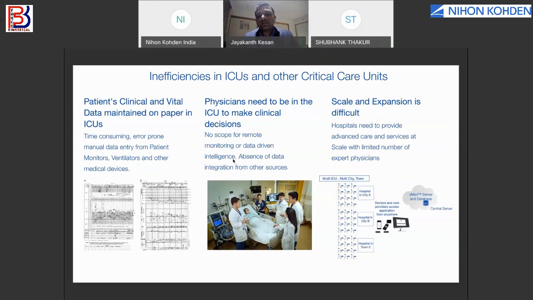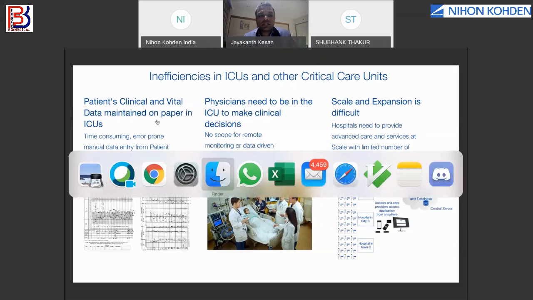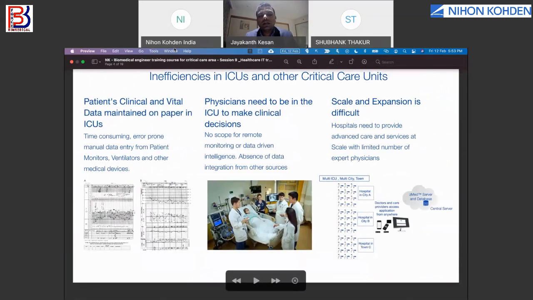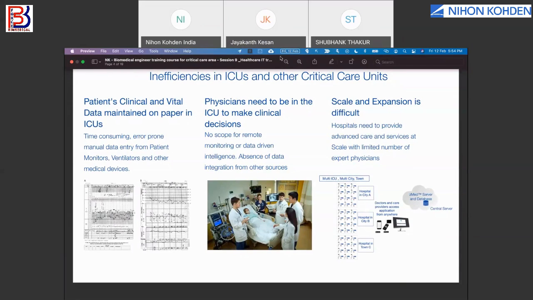One is that in almost all these critical care units, data is maintained on pieces of paper. If you are familiar with how any hospital's ICU works, nurses manually copy the data from patient monitors and ventilators onto something called an ICU chart. Mostly these are paper, and it is very time consuming and error prone.